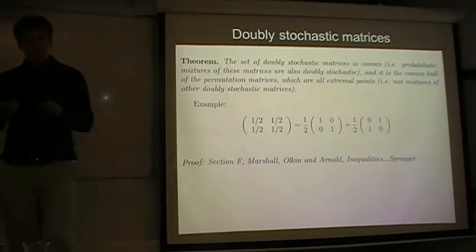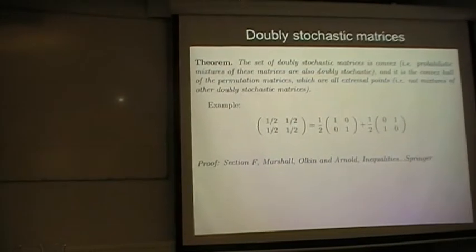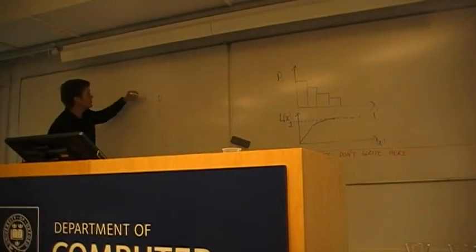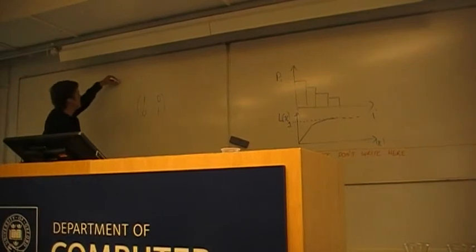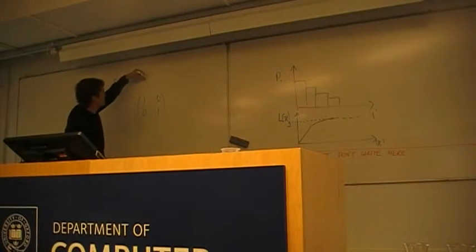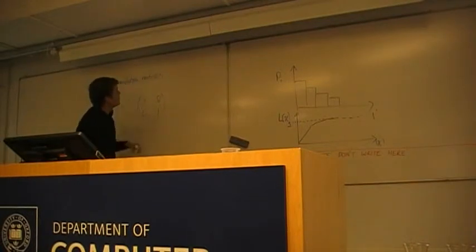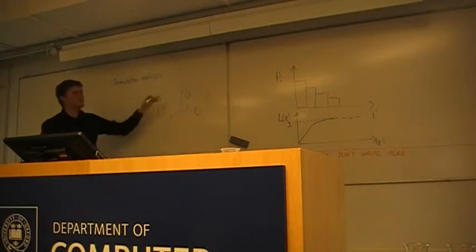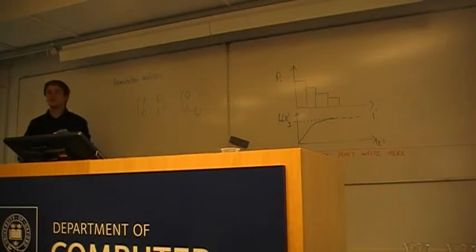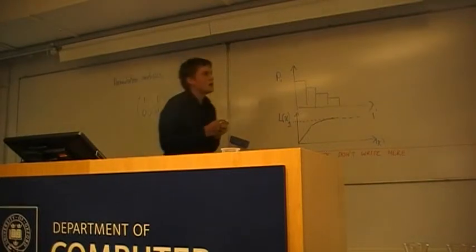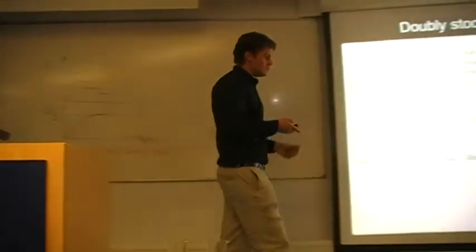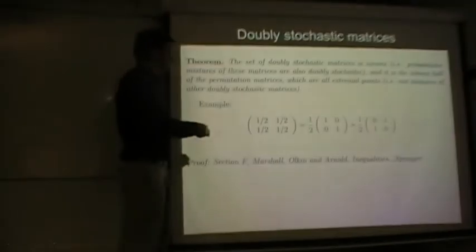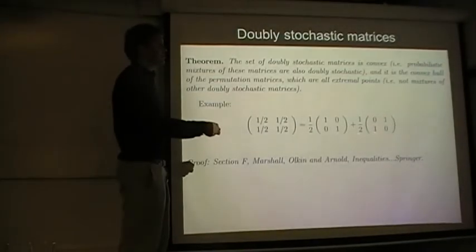The permutation matrices are the ones that look like, for a single classical bit, this one. They permute the entries in the probability vector. So for example, this one that we just saw is a probabilistic combination of these two.